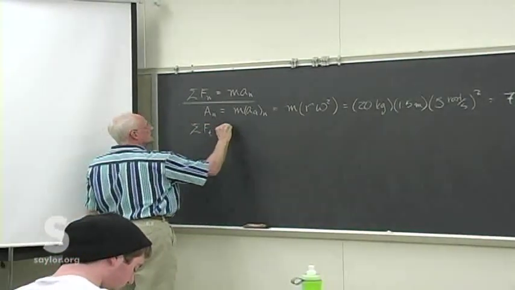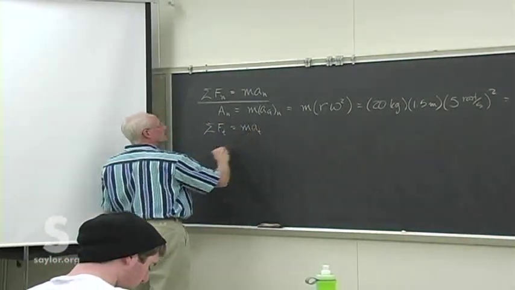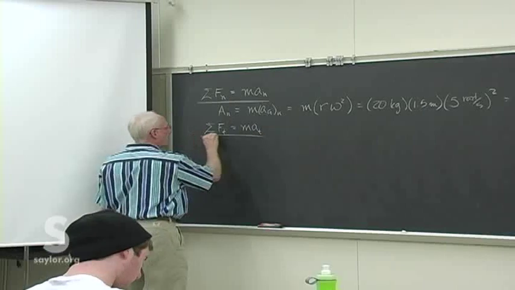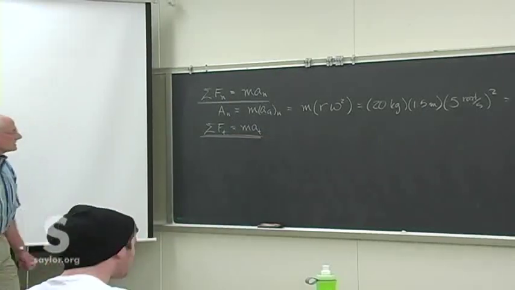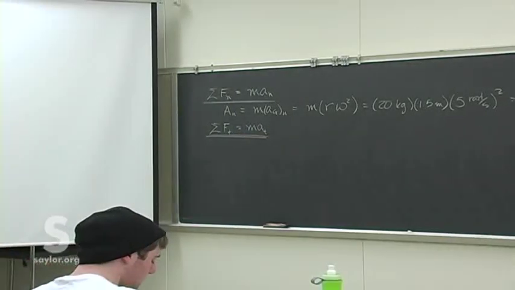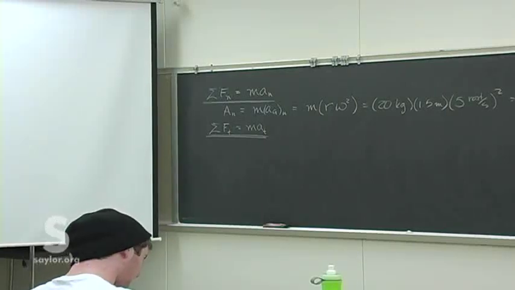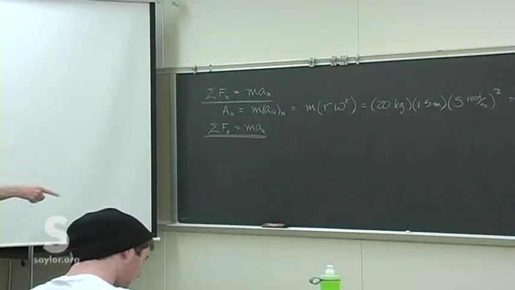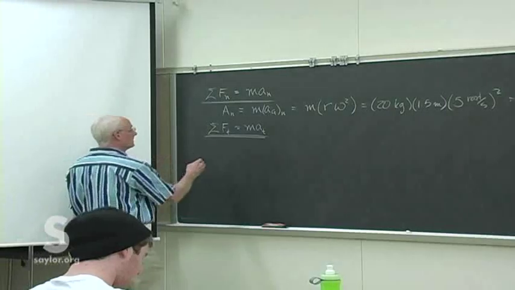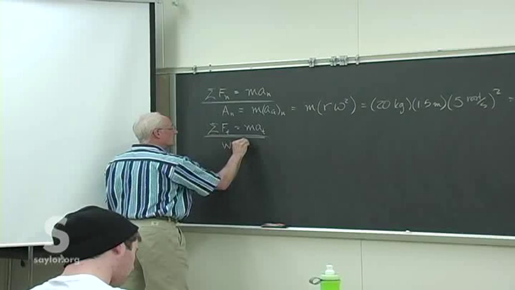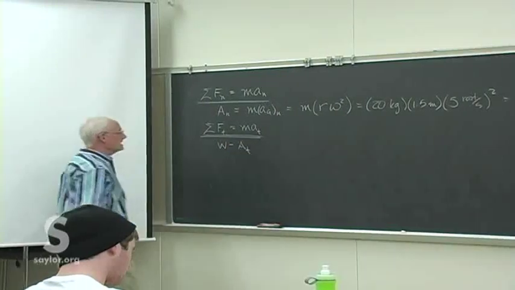So try the tangential direction. Sum the forces. If they don't balance, and we certainly wouldn't expect them to, we'll have some tangential acceleration. So let's see, positive is down, that's the tangential direction, so it's W minus AT.